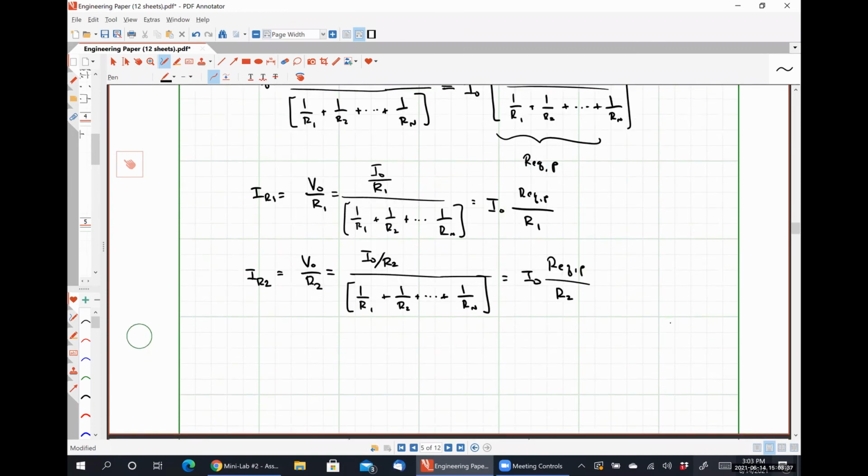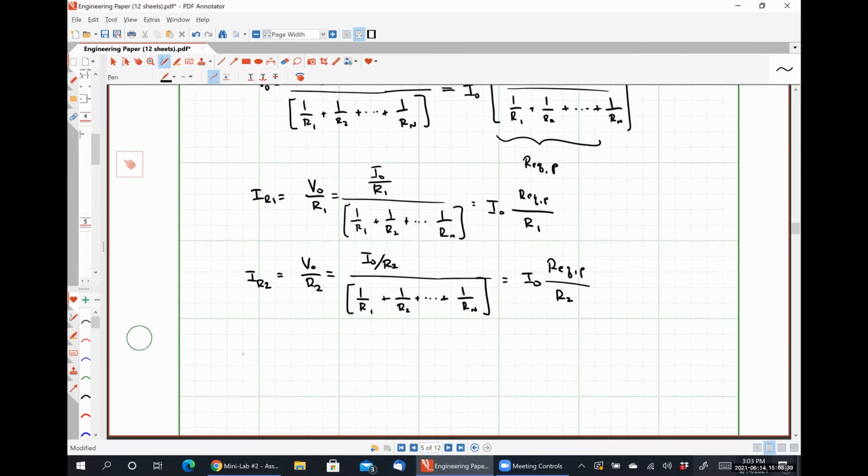So I can see that in general for current division, the current flowing through the kth resistor, IRK, is I naught times 1 over R sub K, the resistor I'm interested in finding the current through, divided by the sum of the inverse of all of the resistances in parallel.